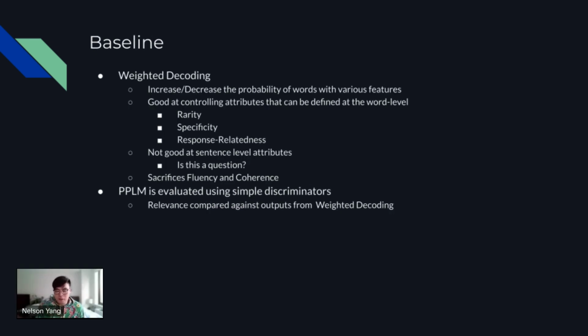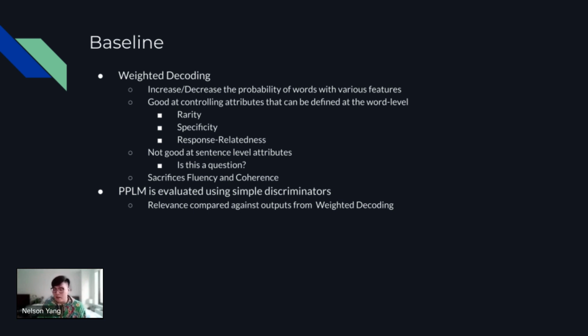The main baseline used to evaluate PPLM is weighted decoding. Weighted decoding is a technique applied during decoding that increases or decreases the probability of certain words being output, mainly based on word level features such as rarity and specificity. It's not great with sentence level features like, is this a question?